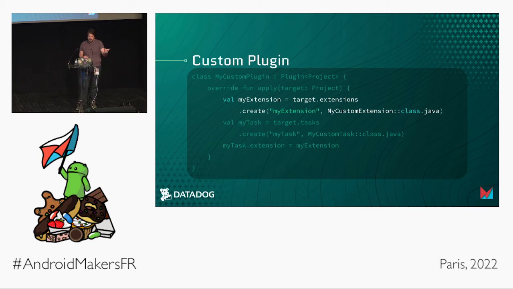And my extension is basically the name that you're going to have. So for Android, it's going to be just Android or Kotlin. So people are going to be able to say my extension block and specify all the parameters for your extension.